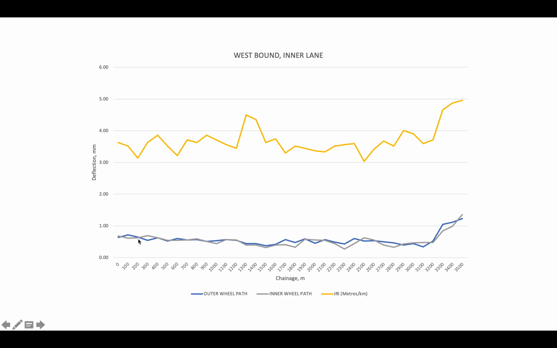You can see it's pretty much straight until it reaches around 3000, where it suddenly goes up. And for the roughness, you can see suddenly there's a big change around 1000, and it goes on and around 3000. So you can see there's quite a big variation in terms of the ride quality.